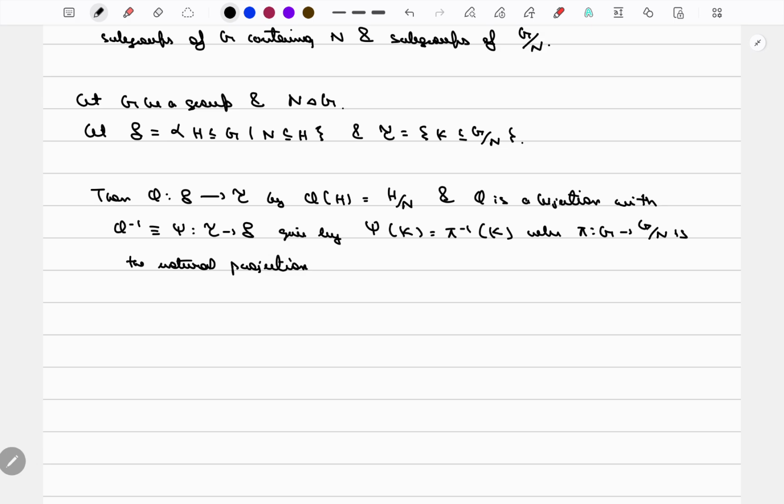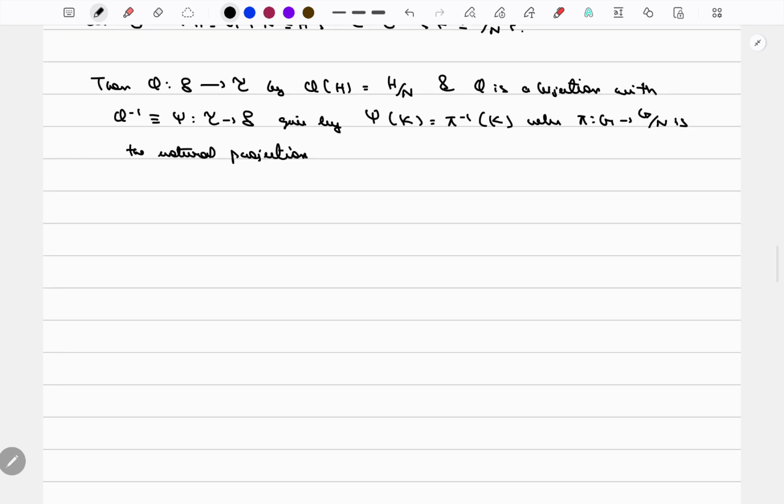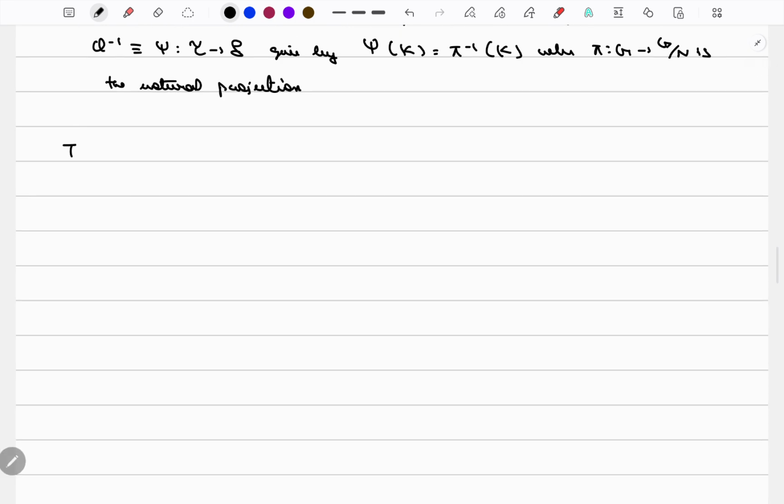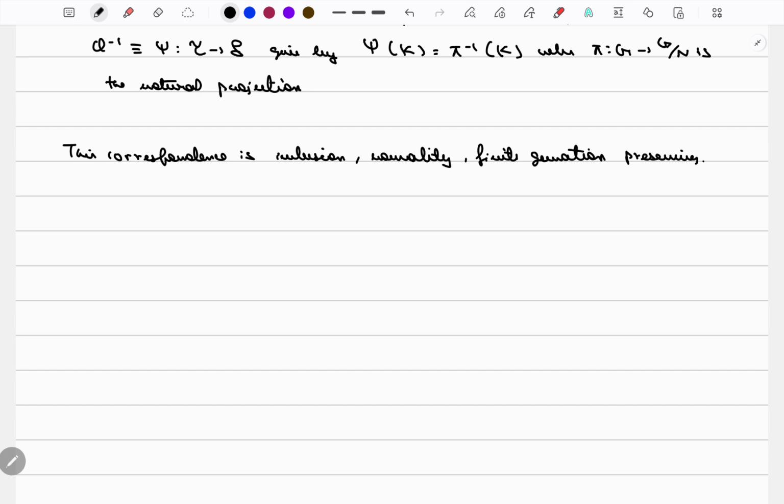Okay, and the more important property of this particular theorem is that this correspondence is inclusion preserving, normality, and finite generation preserving.